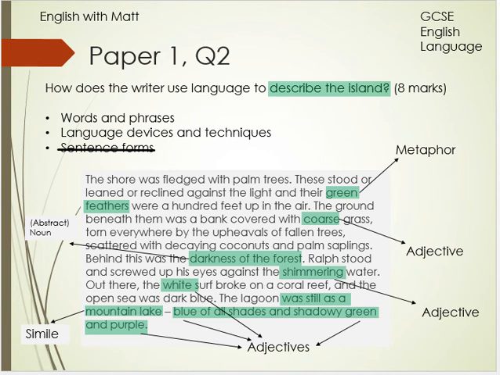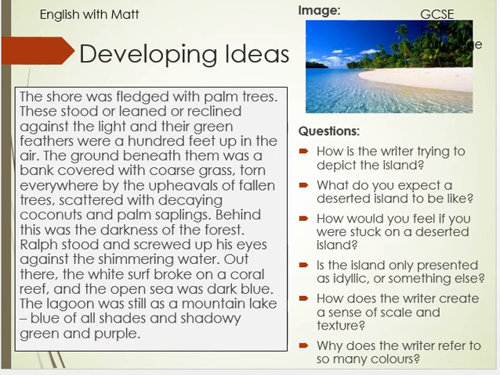So now that we have thought about our devices, we've now got to think about how we develop this, because we can't just say the writer uses a metaphor, the writer uses an adjective, and just list it. We have to think about why, and we have to think about what effects. So one of the ways that we can do that is through using images. So I've deliberately got an image here of an island.